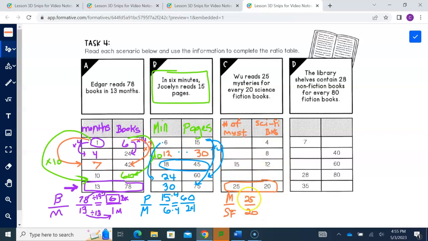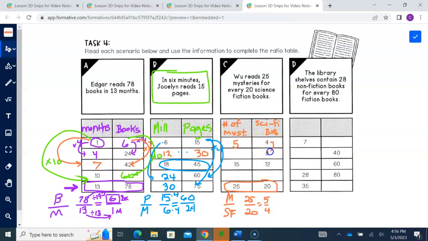So looking at this, I might want to put this in lowest terms. That might be an easier route to go in. So if I put this in lowest terms, I'm going to get 5 to 4 because I can divide 5 out of both those. So sci-fi 4, that becomes a 5. So I've got it in lowest terms and I can build from that.